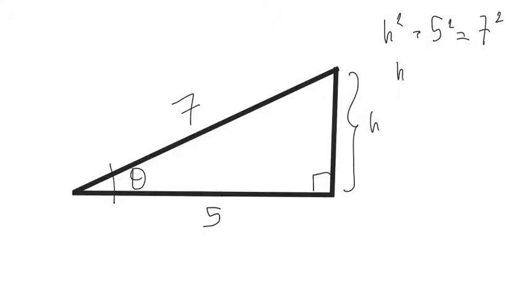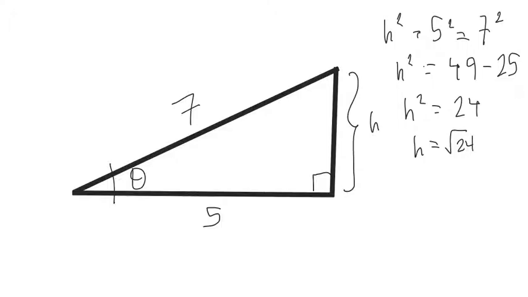So in other words, h squared equals 7 squared, which is 49, minus 25. So h squared equals 24. So h equals the square root of 24, which is about 5. Okay, a little less than 5.